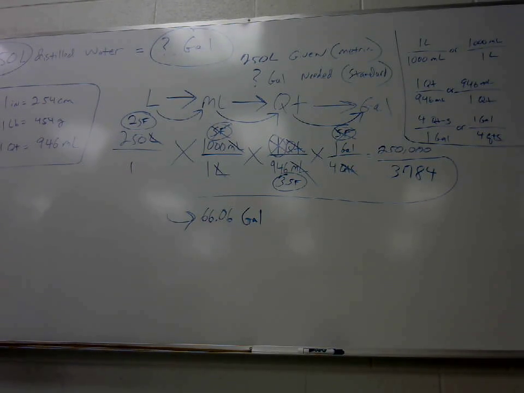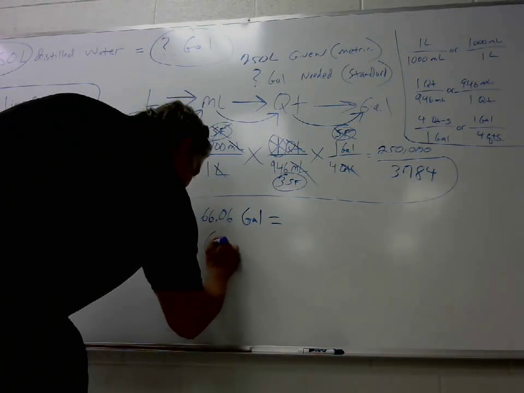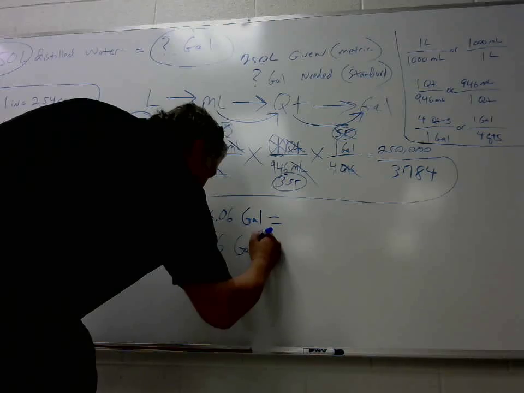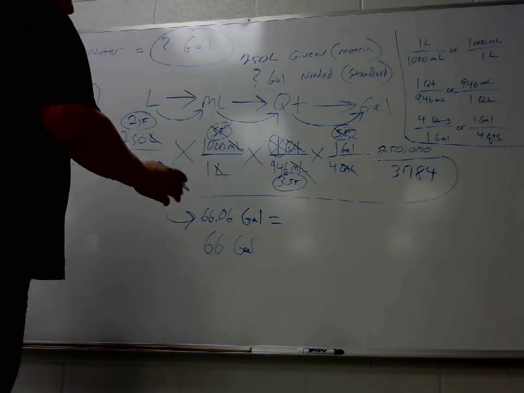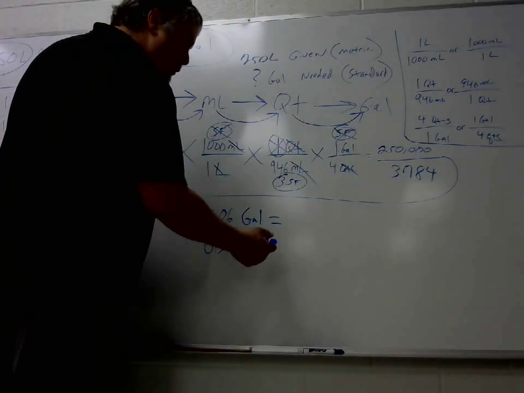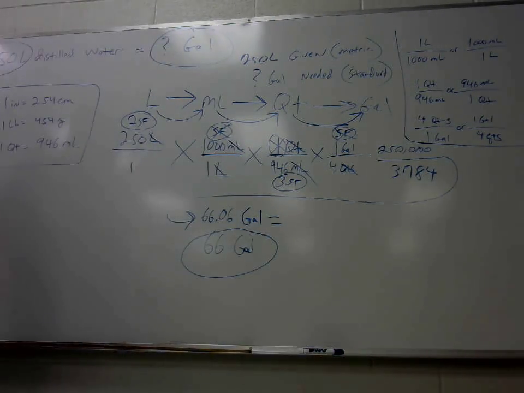So how do we put 66.06 gallons into 2 significant figures? Just make it a whole number? 66. Make it a whole number. So 66 gallons. What we've done is we've just rounded and gotten rid of the 0.06. So 66 gallons is the correct answer to that problem.